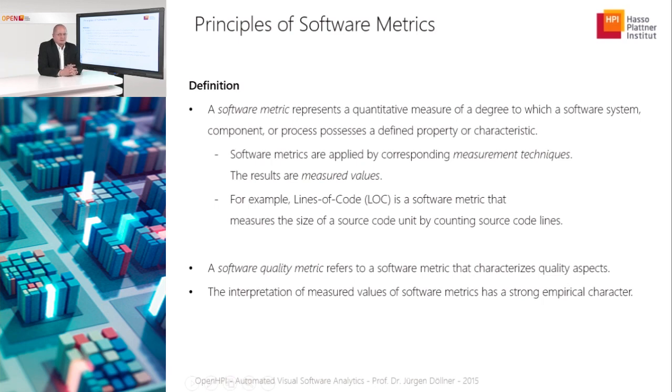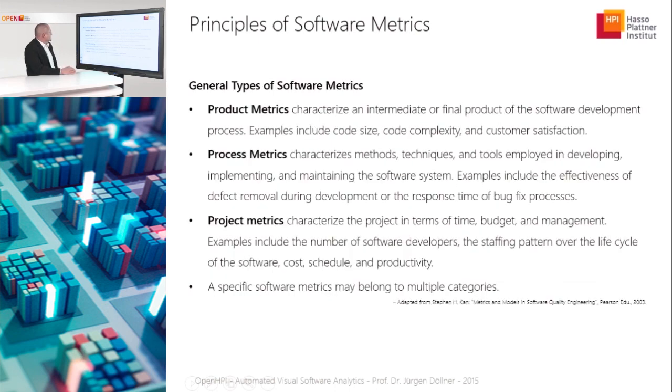So we cannot define, for example, a normal value range. Of course, there are some common or usual normal ranges for certain software metric measurements, but there's not an absolute range of normal values in software metrics. So far, let's go on.